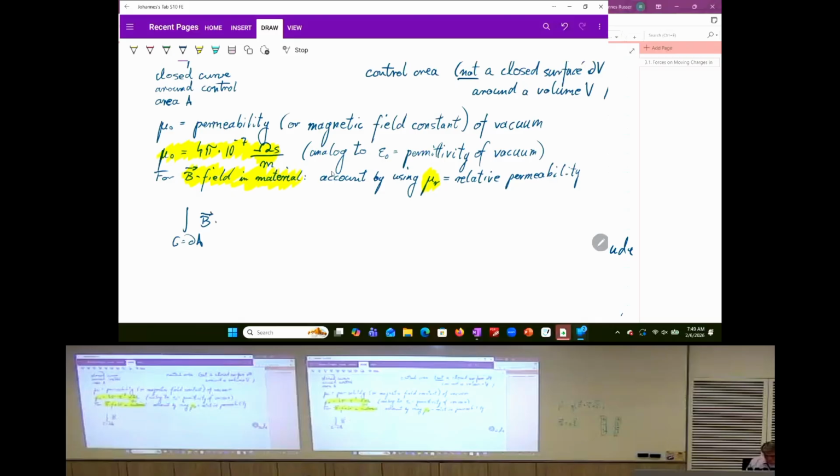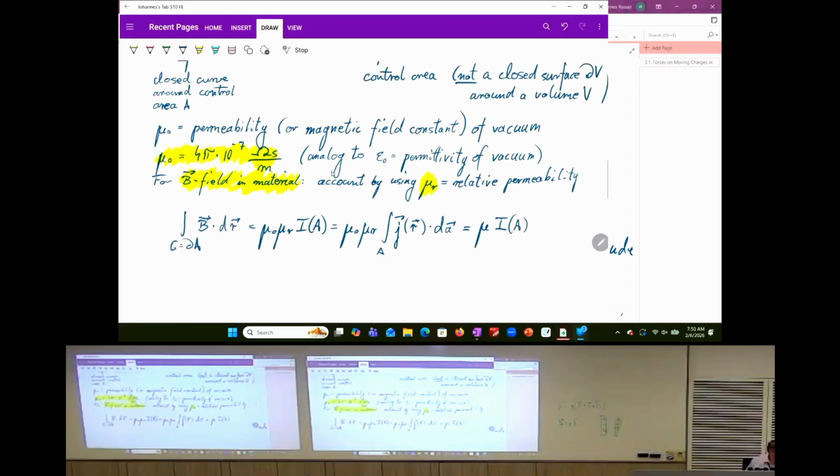And that would be mu naught times mu relative times the current through this control area, or if you write it with the current density, mu naught times mu r times the integral over the control area of the current density. Again, you can write that as just mu times I, taking the absolute permeability here.